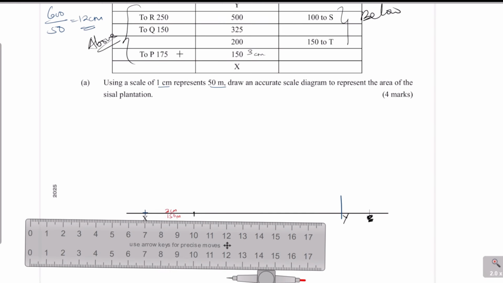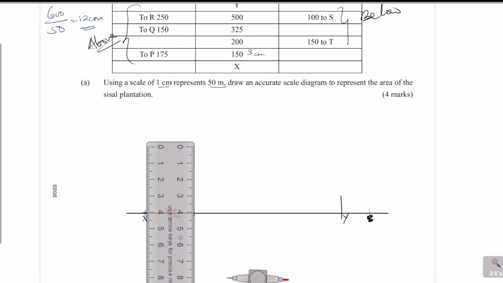Then from there, we said the offsets to the left will go above. So 175 to P, 175. How many centimeters am I going to measure there? 175 divided by 50, so I have to measure 3.5.